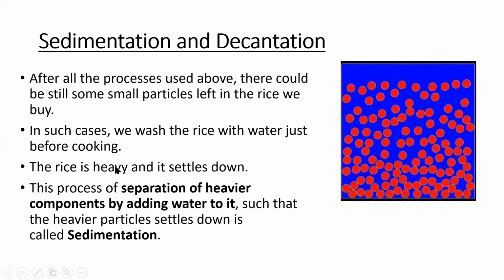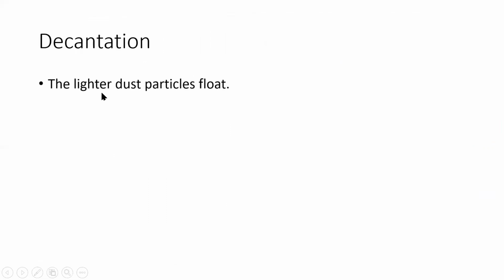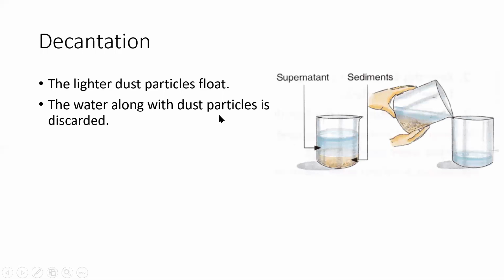Okay. Now decantation. The lighter dust particles will float in the water. Rice has settled down now. Okay. But the kind of muddy water would be present in the utensil. The water along with the dust particles is discarded, as you can see here in the picture.